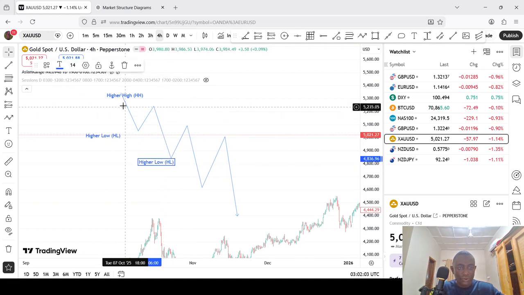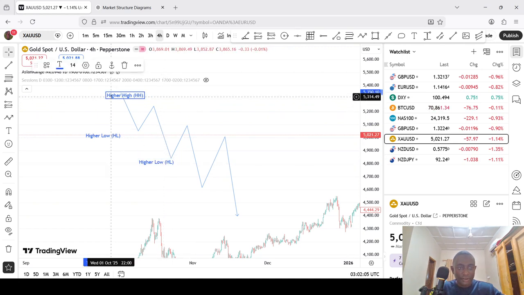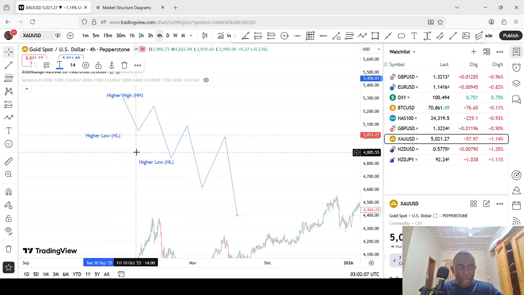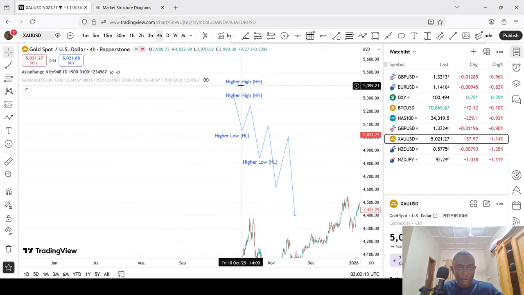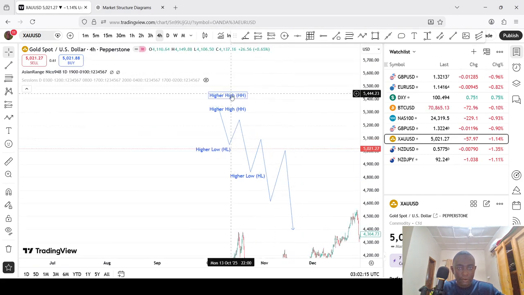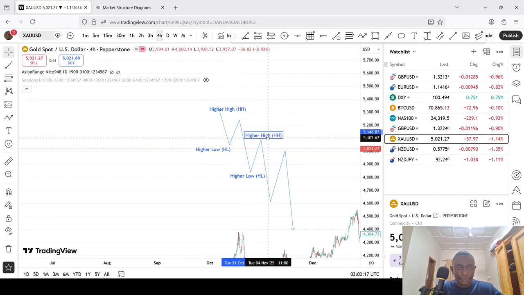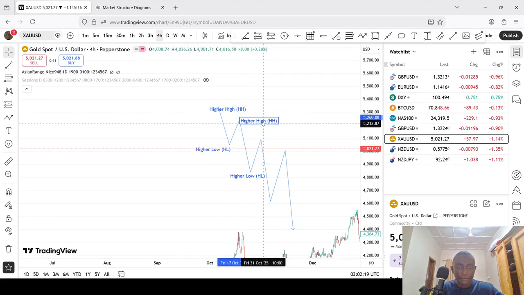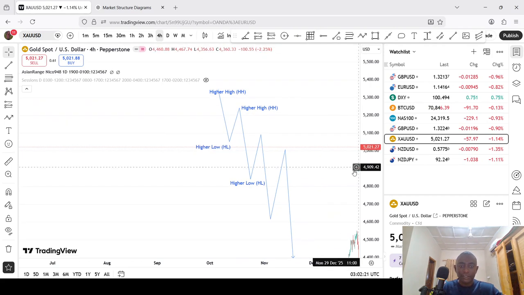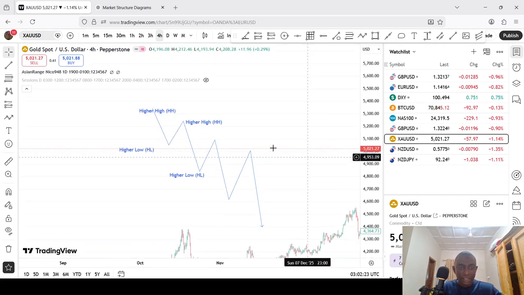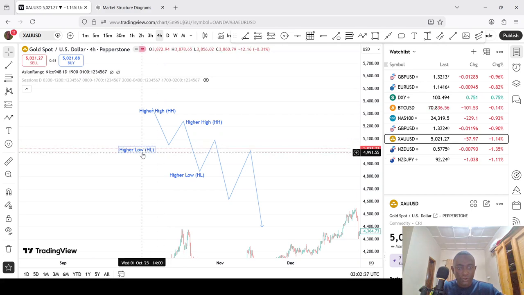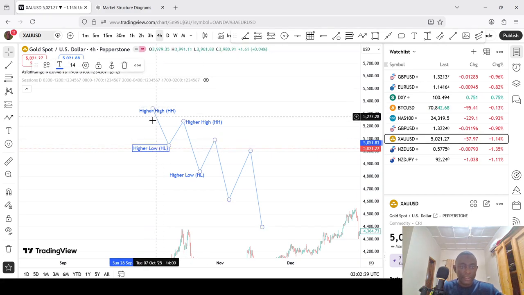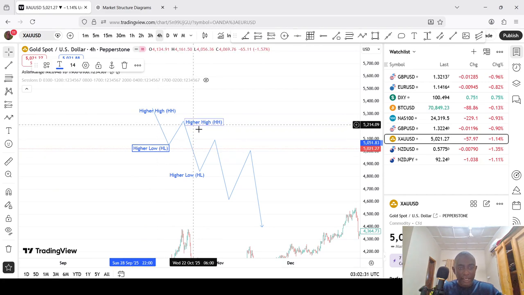Higher low. Then this one. Clone this one too, like this. So you can just repeat it. Higher high, higher low. Higher high, higher low.